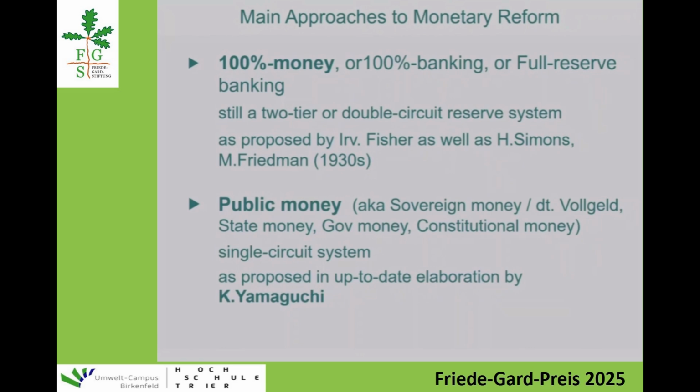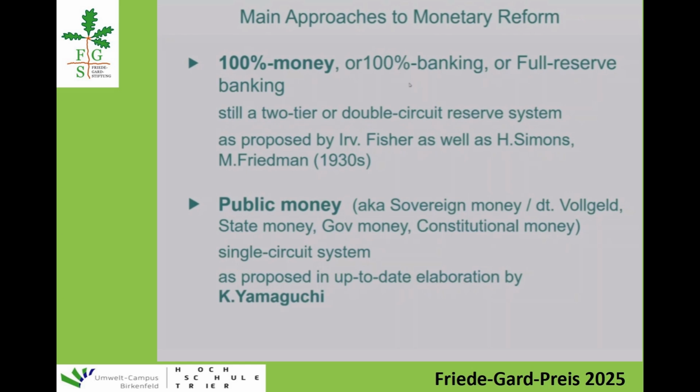And one general goal in these endeavors, one common denominator, is to regain public control over money creation, replacing as much as possible private control of money creation. And historically, there have been two broader approaches, as shown here.